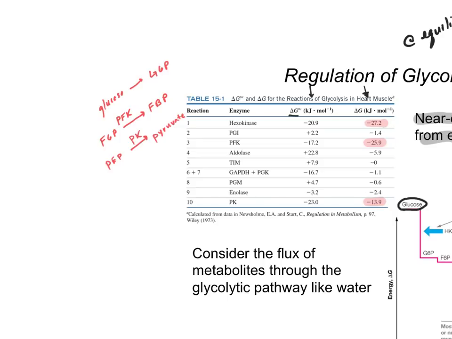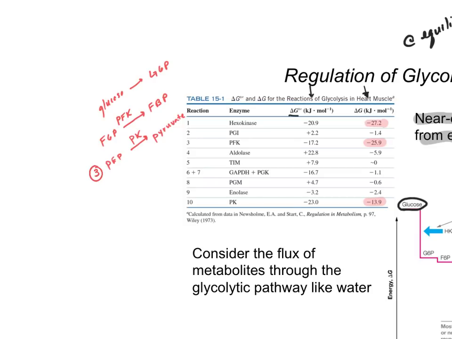If we took pyruvate kinase, our third one, and said we're going to regulate flux of everything through glycolysis by regulating this last enzyme, how efficient would that be? Not very efficient. It would be wasteful to wait until the end to try to regulate the flux through glycolysis.